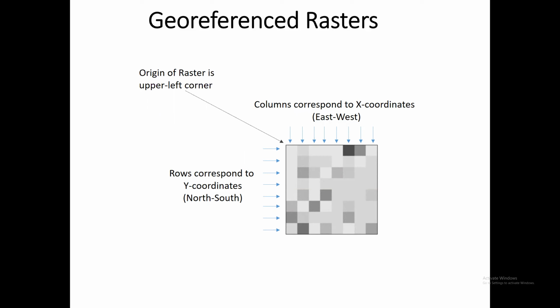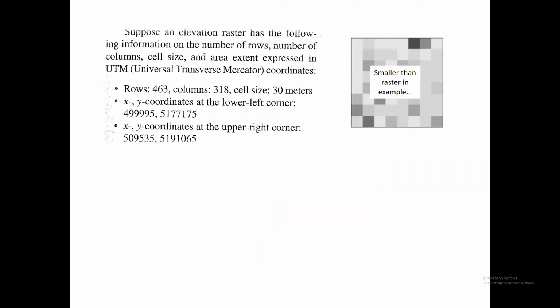Sometimes it can be in the lower left or such, but for this purpose, we're going to say the origin is in the upper left. And it depends on your projection, right? Your coordinate system. So in this example, we're using Universal Transverse Mercator, so UTM coordinates. And let's say we've got a raster with 463 rows, right? So 463 of these going across. What I'm showing is just a portion of this.